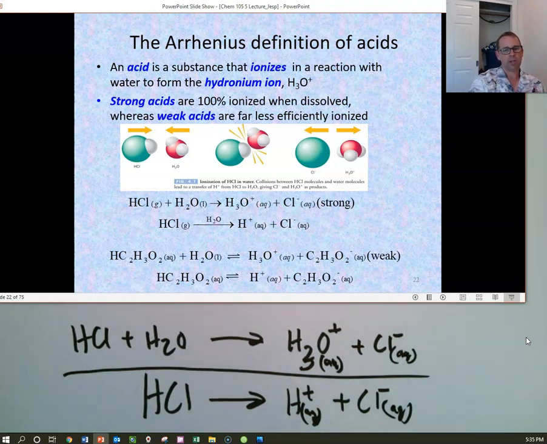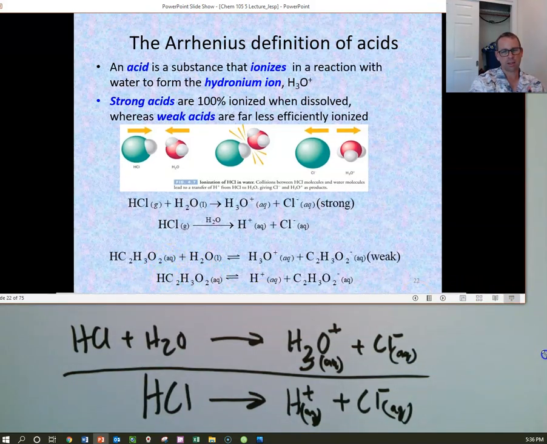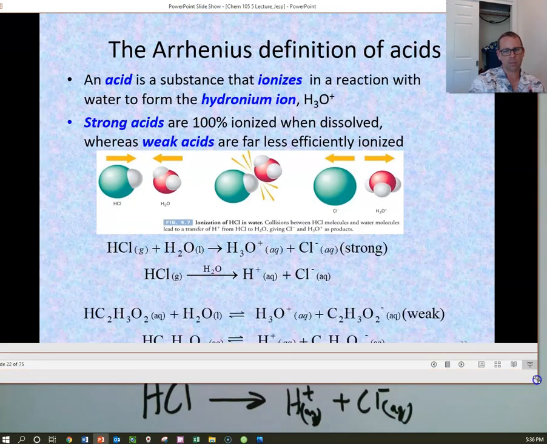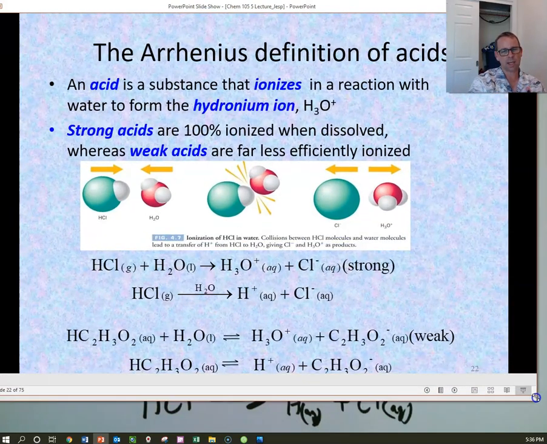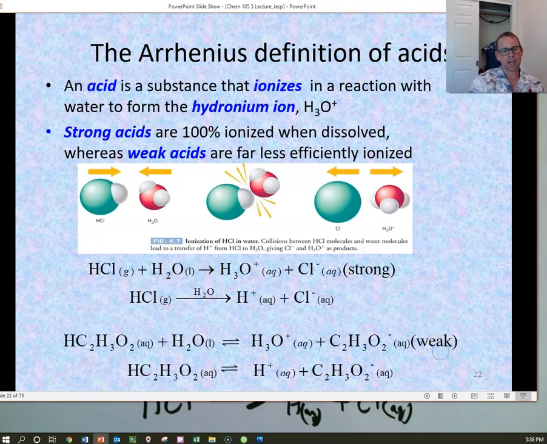All right, here is another acid, HC2H3O2. That acid is called acetic acid, and acetic acid is an example of an acid that when you place it into water, it dissociates, a hydrogen ion comes off and leaves behind the acetate ion.